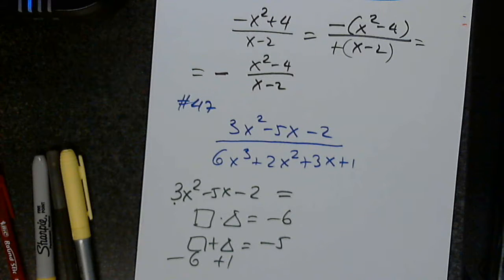the middle term with negative 6x plus 1x. Go ahead, please. The leading coefficient is not 1. You cannot directly write the product.